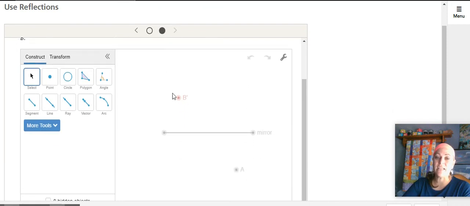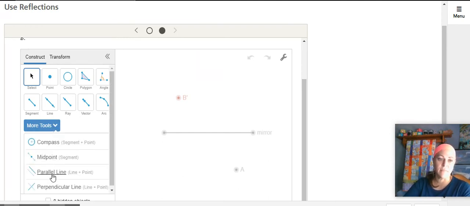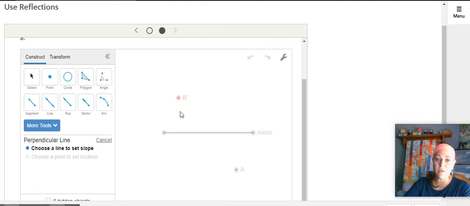So I need to find the original point. Here's B prime. I need to find B. If this is the mirror, that means point B would be somewhere over here. So we're just working backwards, but you still start with a line that is perpendicular to the line of reflection.